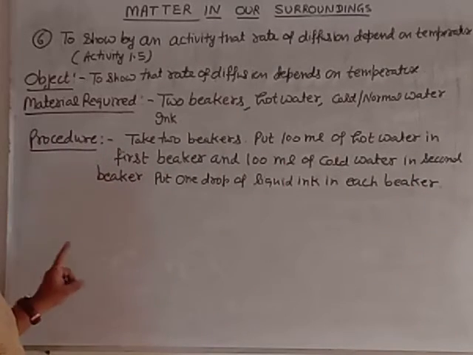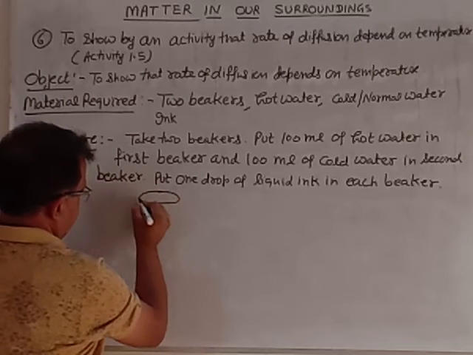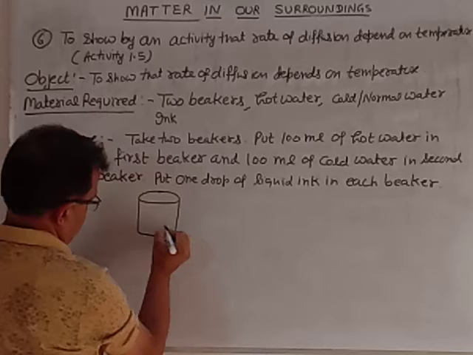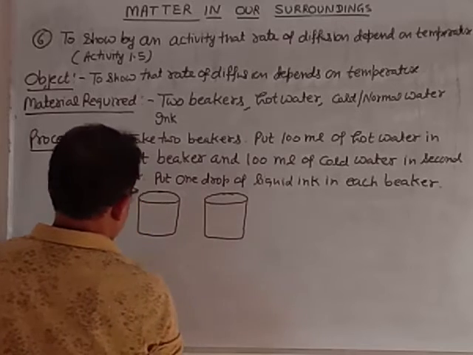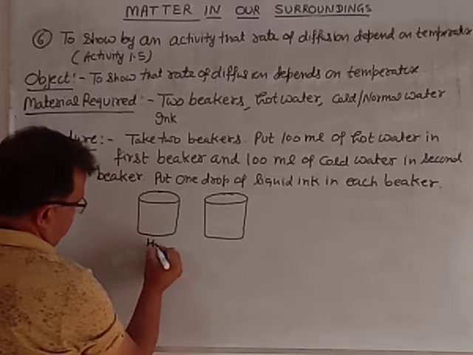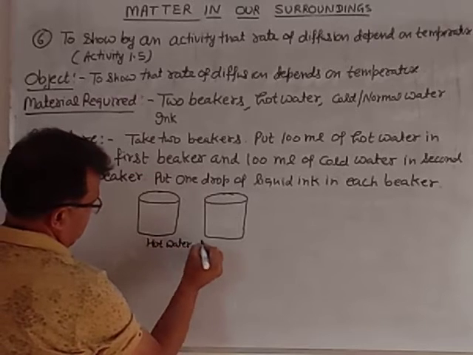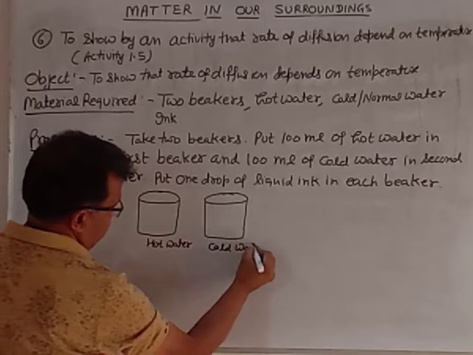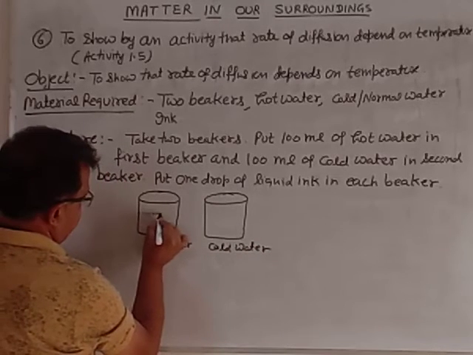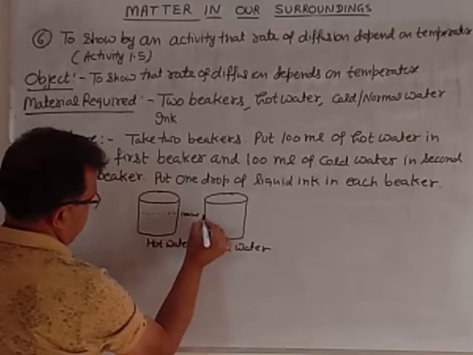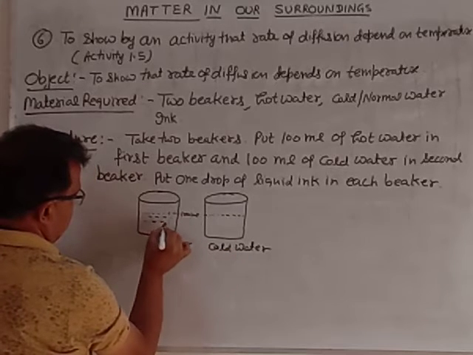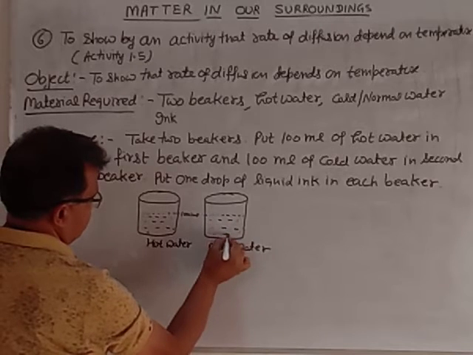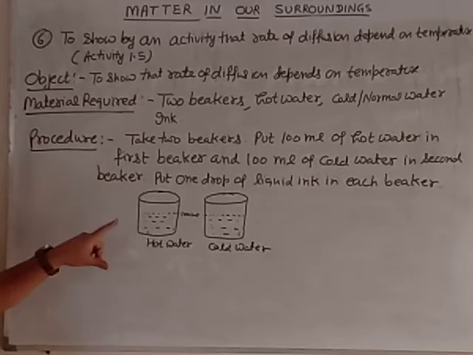So we take two beakers. In one beaker we put hot water and in the other beaker we put cold water, 100 ml of water in each, the first hot and the second cold, and we also place 1 drop of liquid ink in both the beakers.